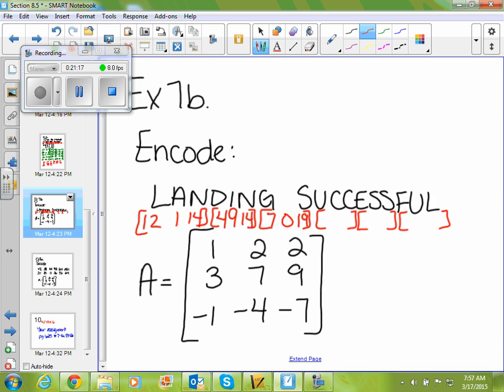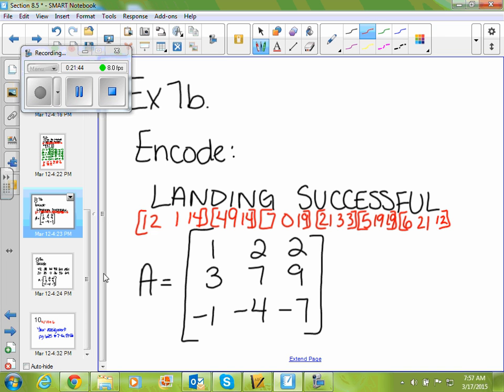I know that U is 21, C is 3, and the other C is 3. E is 5, and we already figured out that S is 19, so 19 and 19. F is 6, U is 21, and L is 12.